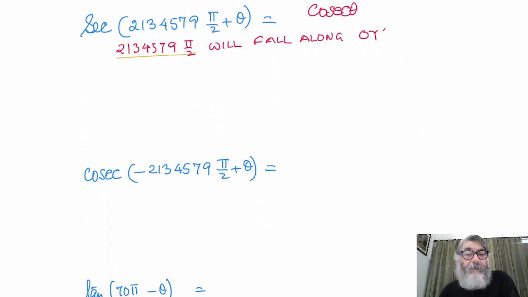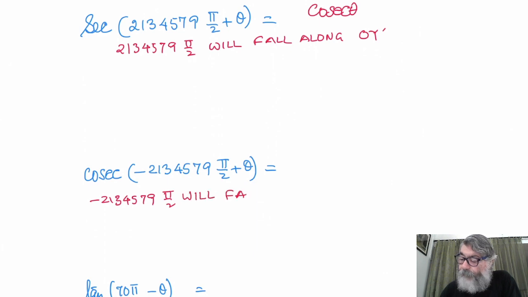Now cosec of minus 2134579 pi by 2 plus theta. Again the remainder is going to be 3. 4 9s are 36, 3 will be the remainder, but a negative sign is there. So it will fall along OY, because the remainder is coming 3, but because the negative sign is there, signs will reverse.